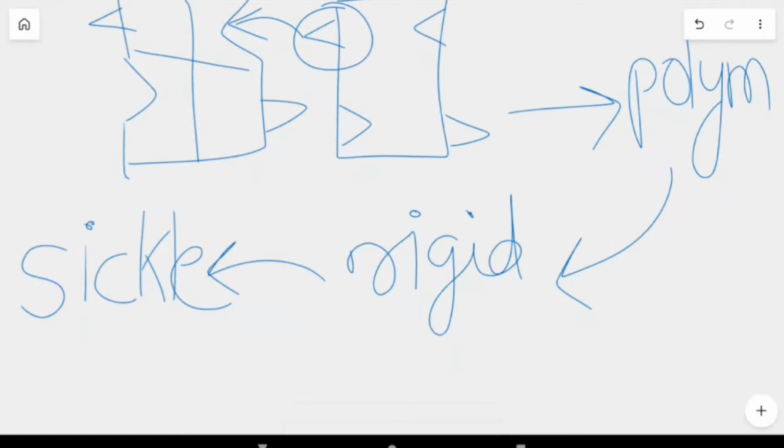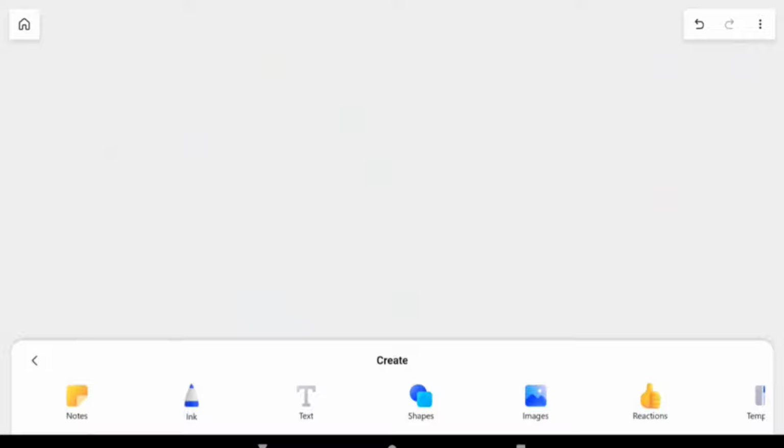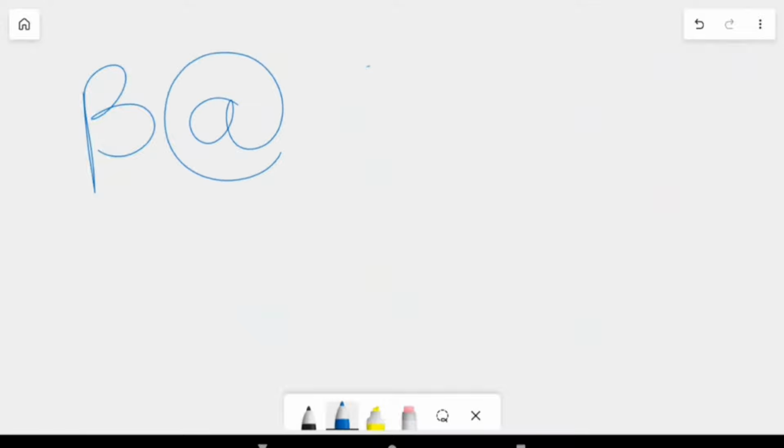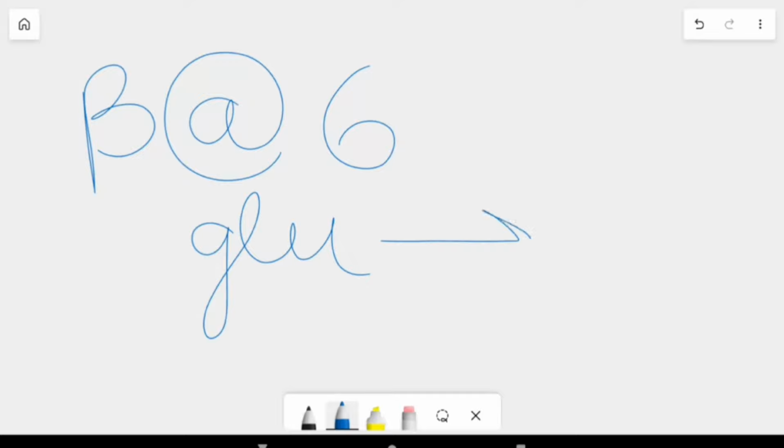Okay, now we'll look at what abnormality is taking place at the amino acid level. In a person with sickle cell anemia, in the beta chain at the sixth position, normally a person should have glutamate, but in a sickle cell anemic person, glutamate gets replaced by valine.